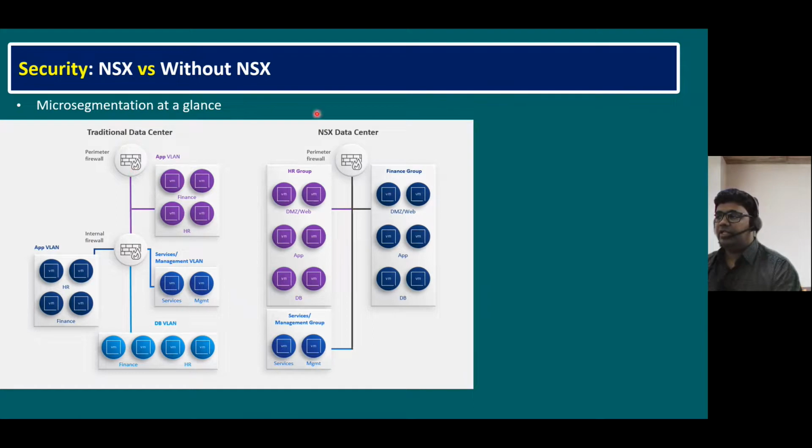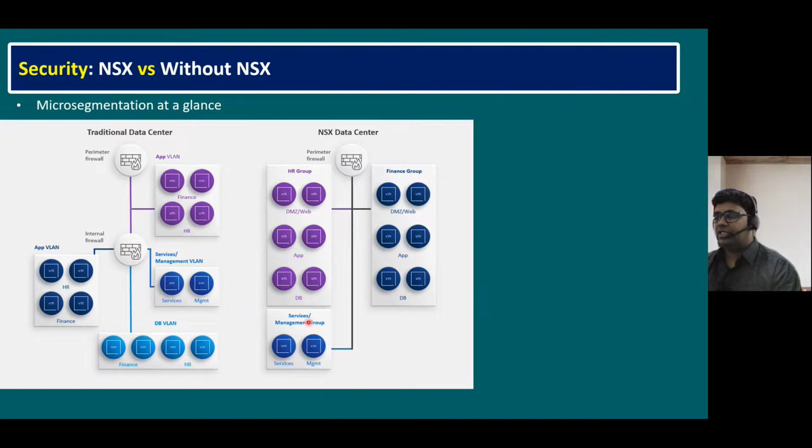In the same diagram within our NSX-T, for the HR group we can have three-tier VMs: web VM, app VM and DB VM. The finance group also has three-tier VMs: web VM, app VM and DB VMs. Apart from web, we also have DMZ VMs, that means demilitarized zone VMs.